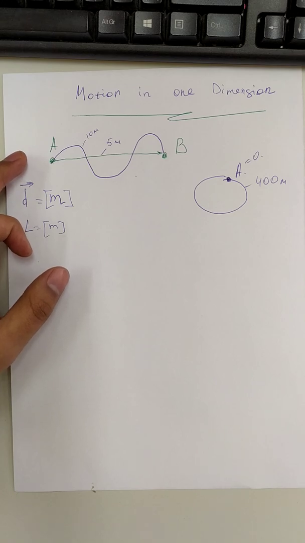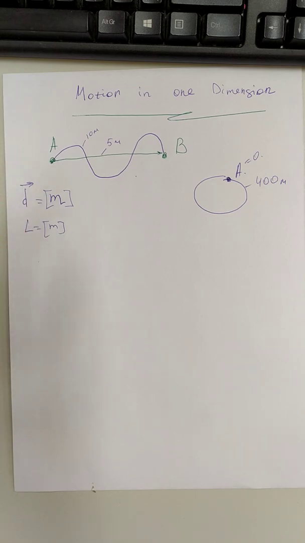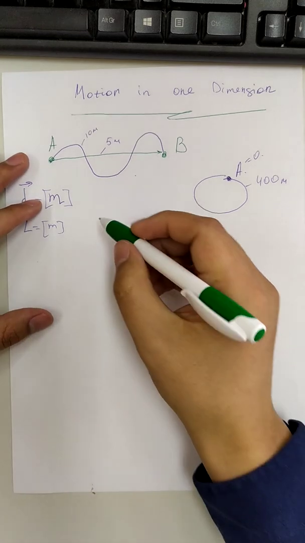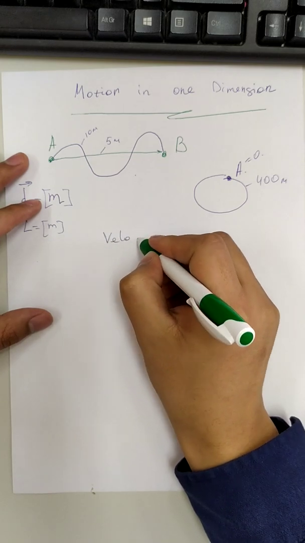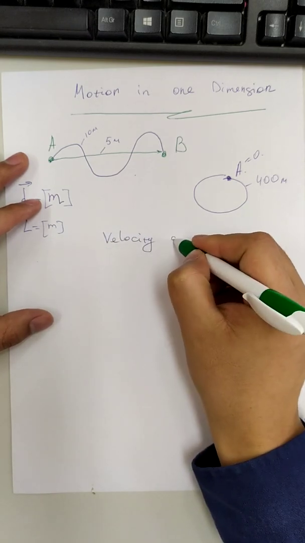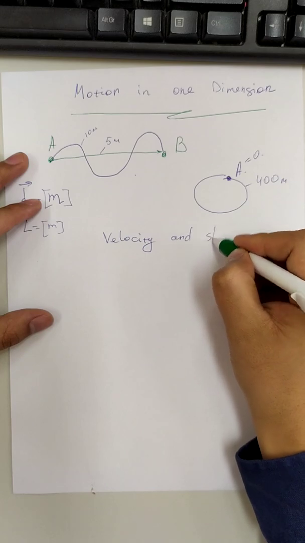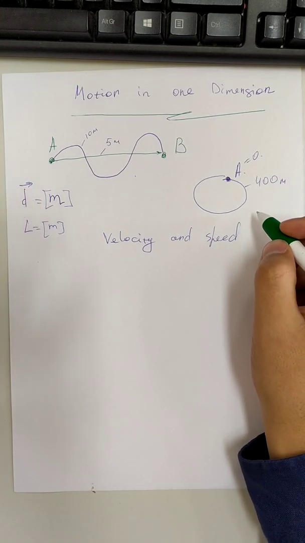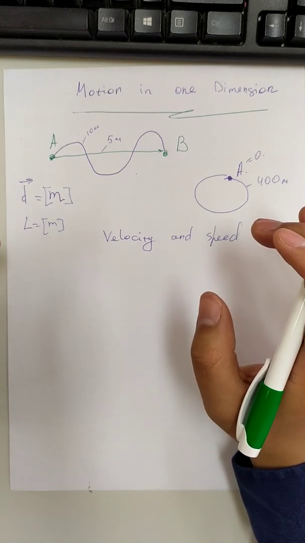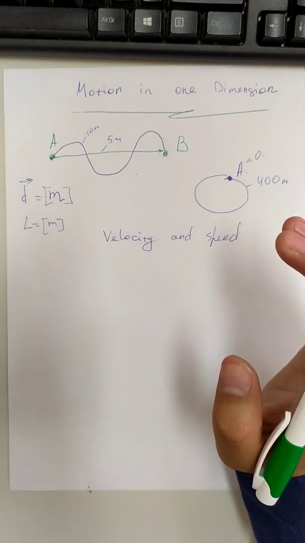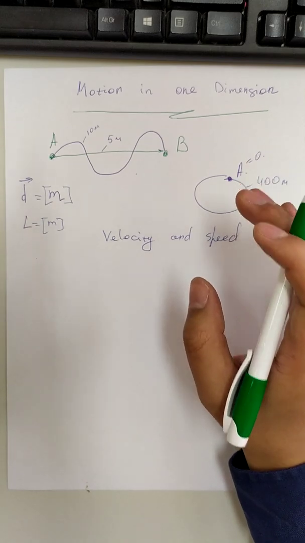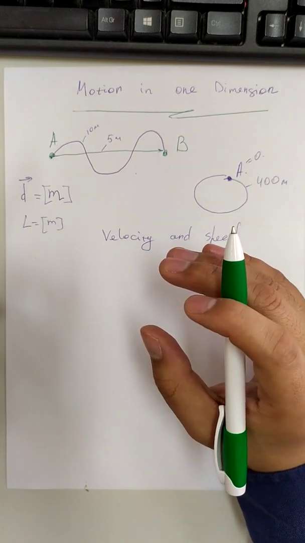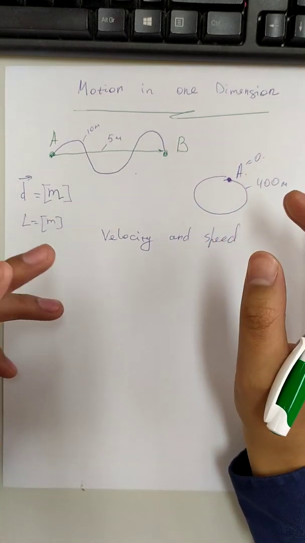So, we will talk about velocity and speed. Both speed and velocity are measures of how fast a body is moving, but velocity is a vector quantity and speed is a scalar.